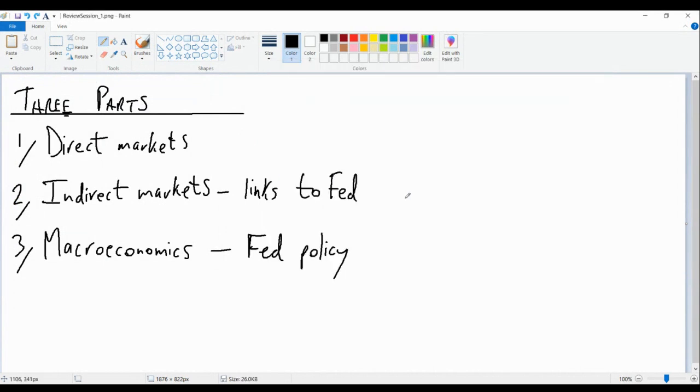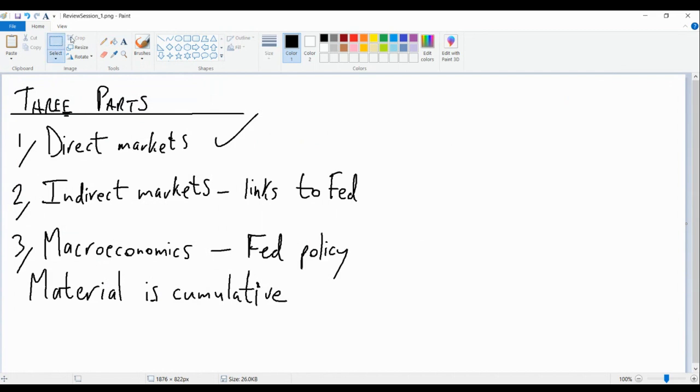And that's in two ways. One, a lot of things that came up at the end, of course, are linked to what we studied at the beginning. In other words, the material is cumulative.